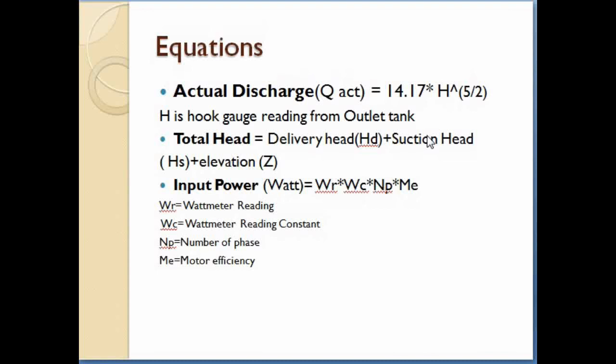So actual discharge is measured with the help of a V notch in the virtual experiment that I'm going to describe later in the video. The equation is 14.17 into h power 5 by 2, where h is the hook gauge reading from the outlet tank. The outlet tank has a V notch, so from that we will get the discharge, that is actual discharge.